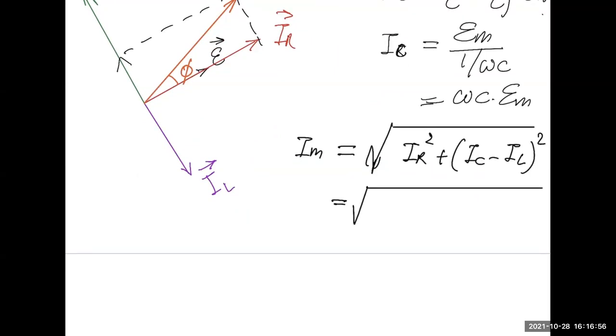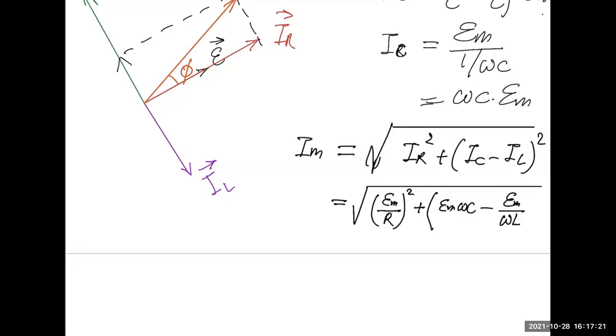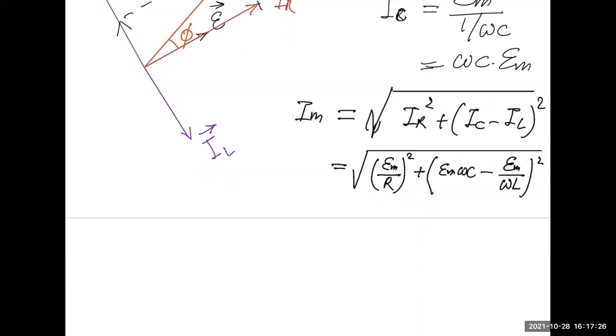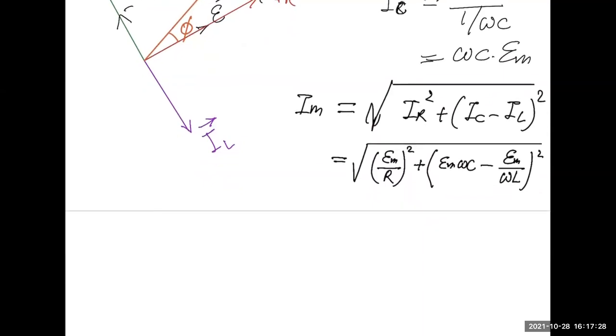So what is IR? The magnitude of IR, as you know, is epsilon maximum over R, and you square that, right? And then what's the magnitude of IC? That equals epsilon maximum omega C, minus the magnitude of IL, which is epsilon maximum over omega L. You square that. Okay, you can factor out the epsilon maximum, and then you can find the expression for I maximum.